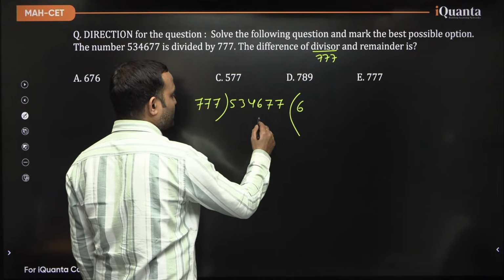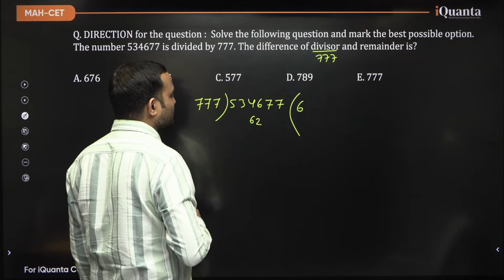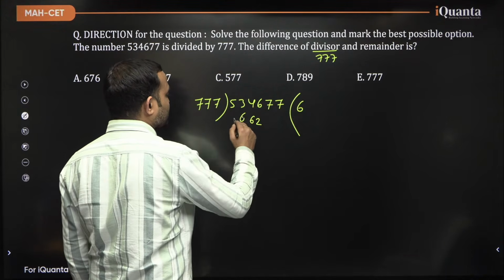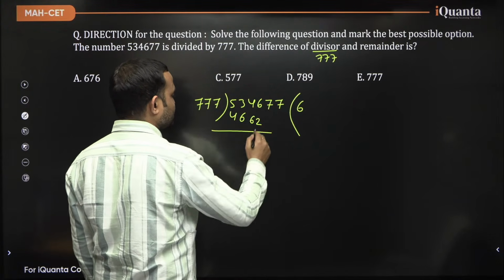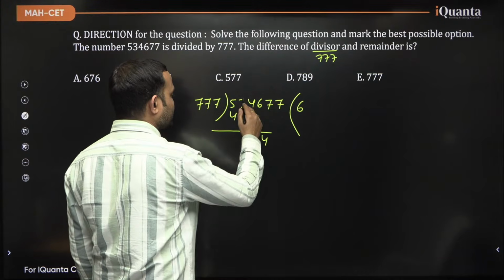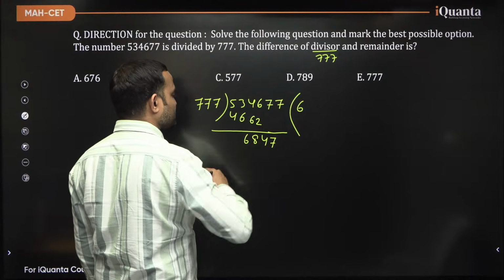6 into 7 42 carry 4, then 46 carry 4, and then again carry 4, so 46. This gives us 4 8 12 6, then we have 7. So, 6 times.